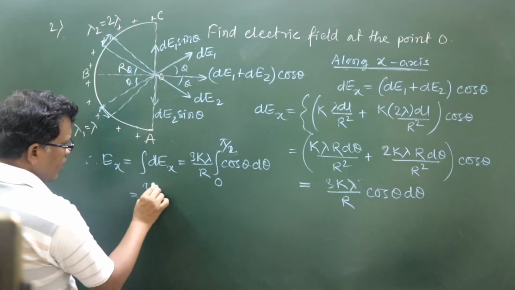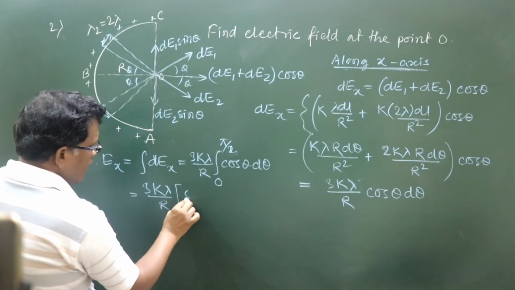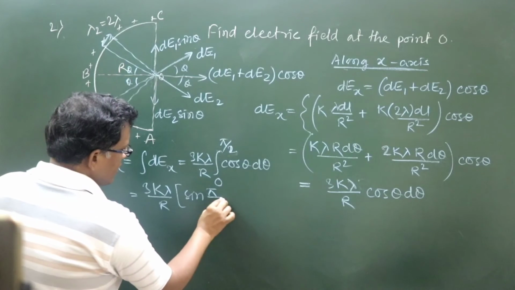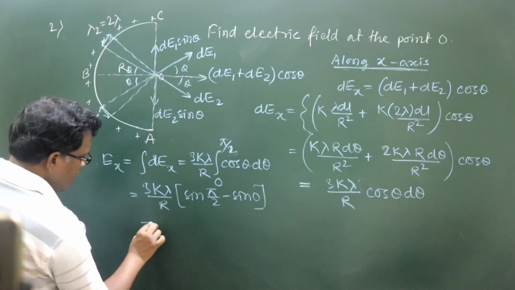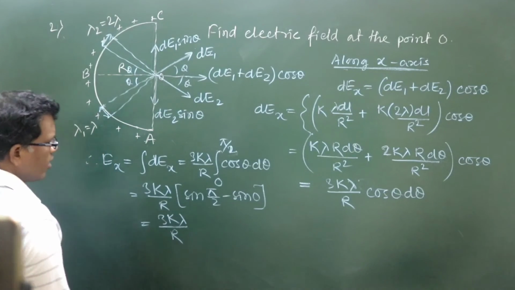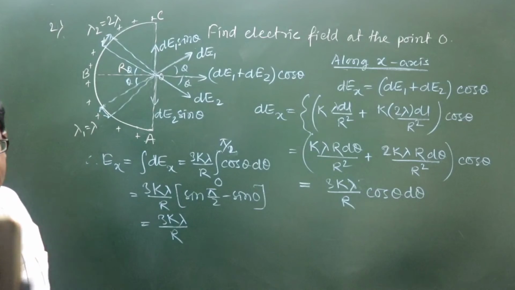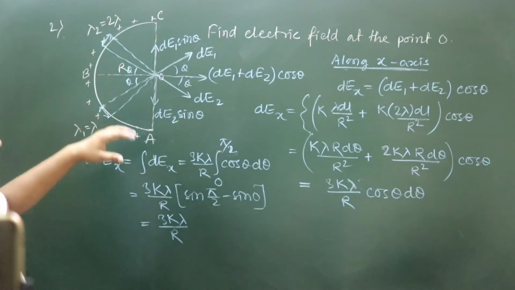So it will be 3k lambda by r into sin pi by 2 minus sin 0. This part is ultimately 1. So it is 3k lambda by r. This is the result along the line of symmetry against the two different charges appearing on each half.